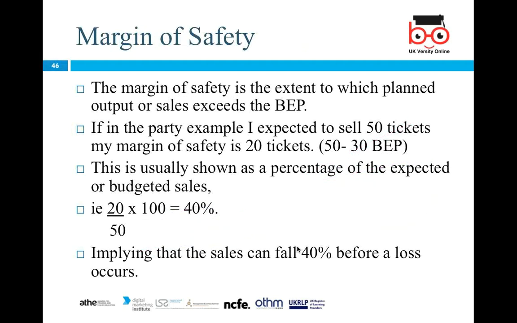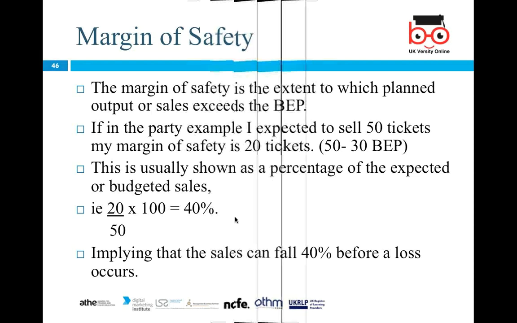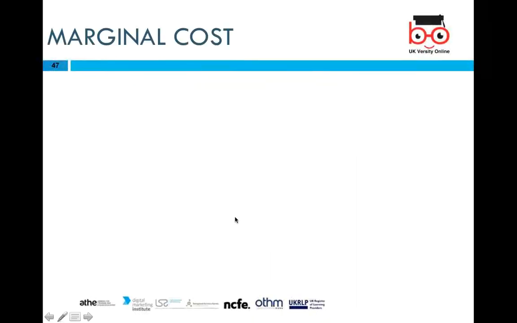So this is our margin of safety, which means the extent to which planned output or sales exceed the break-even point, as we have seen in our chart. And in the party example, if one expects to sell 50 tickets, the margin of safety is 20 tickets, because you want to see at what number of tickets they start to make a profit.